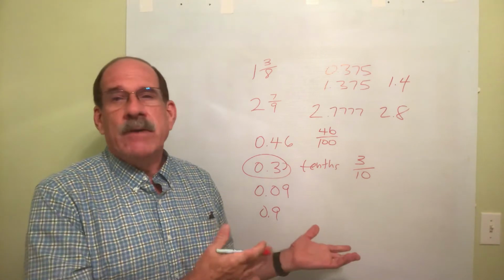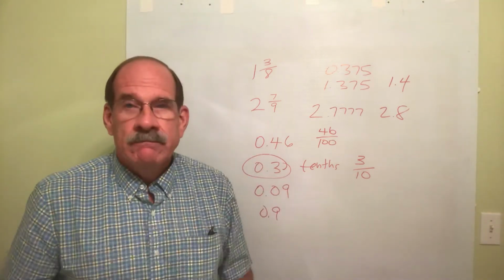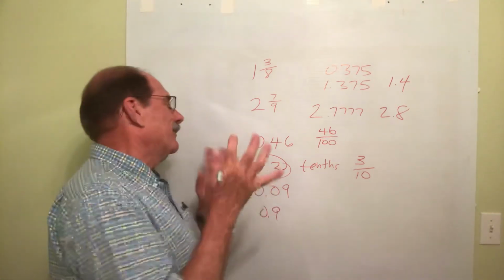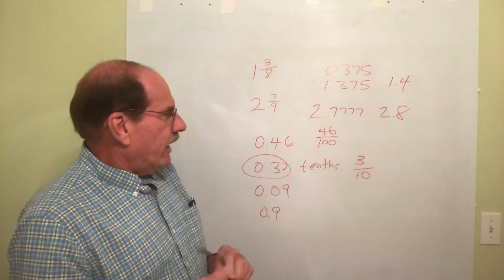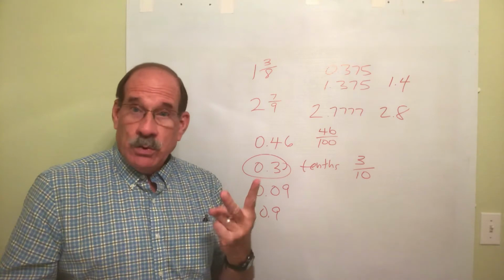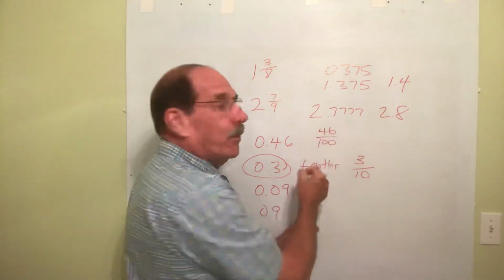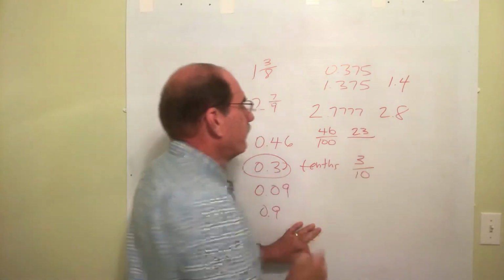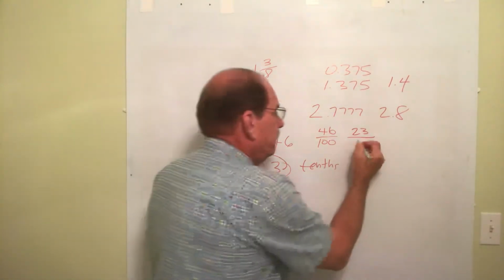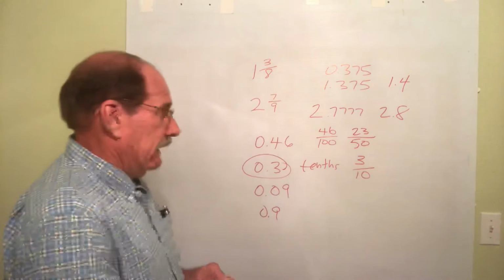Of course, now what must I do to that fraction? Yes, reduce it. Oh my goodness, Mr. Dudley, let's see. What can I divide both of those by? Well, 2, let's try that. Divide 46 by 2, that's 23. Divide 100 by 2, that's 50. That looks like that's it.